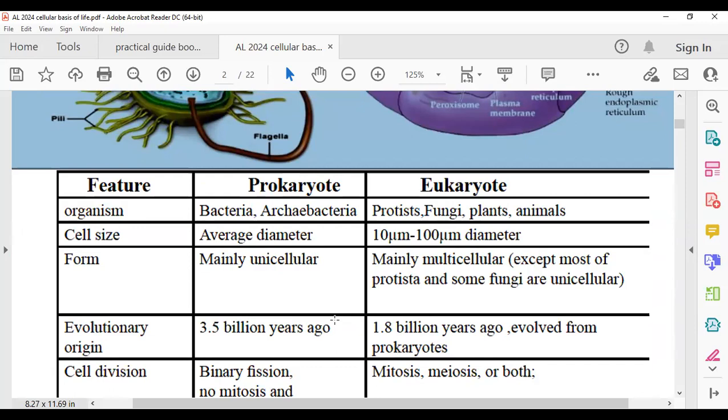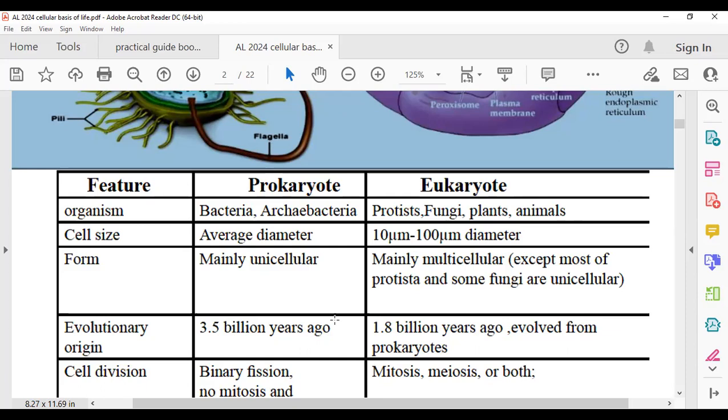Second one, archaebacteria. Eukaryotic one, what are the organisms? Protista. Fungi. Plants. Animals. Okay.